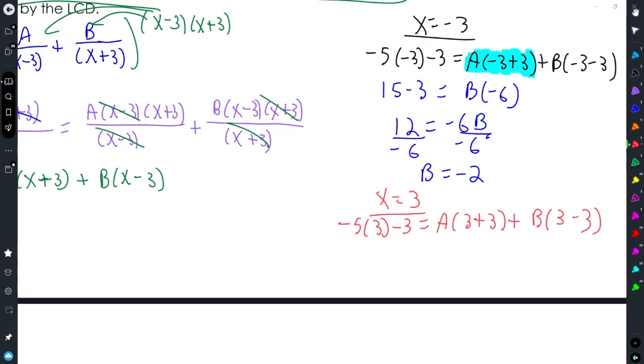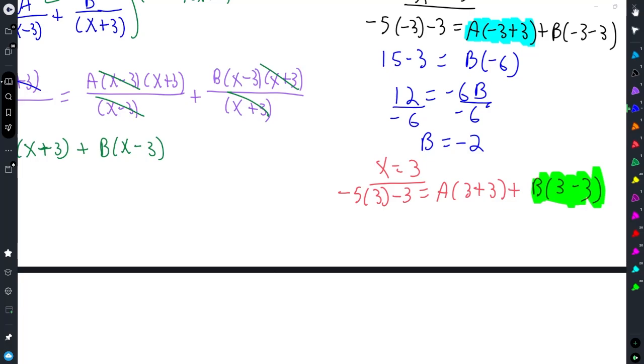So again, right here, this is equal to 0. So we have negative 15 minus 3, which is negative 18, equals a times 3 plus 3, which is 6, so we have 6 times a. And again, that other part is 0. Then we divide both sides by 6. A is equal to negative 3.